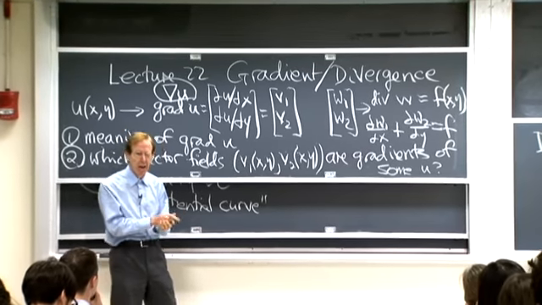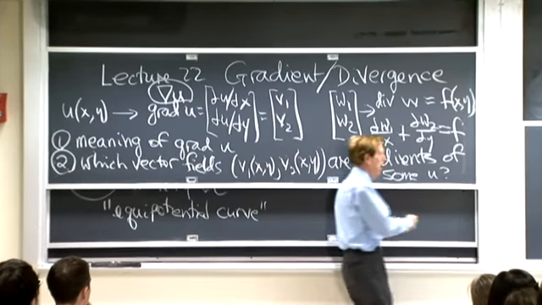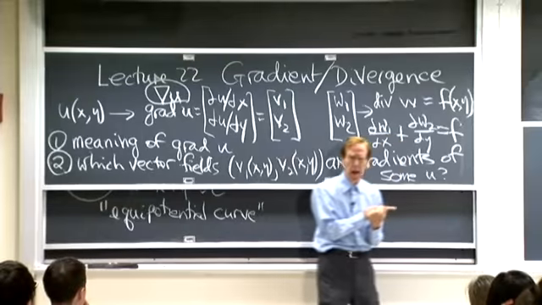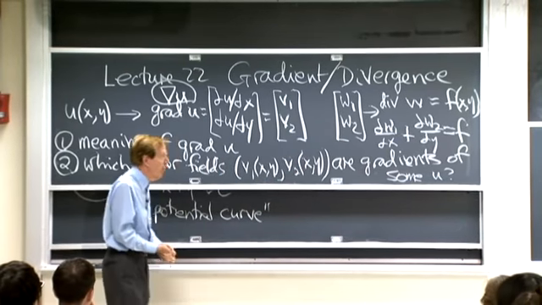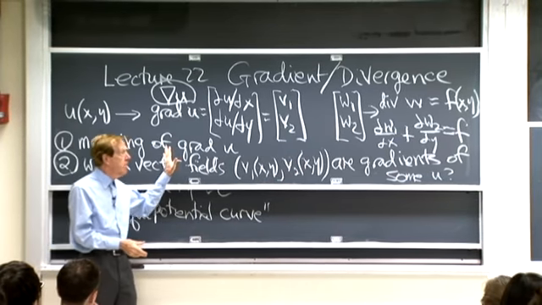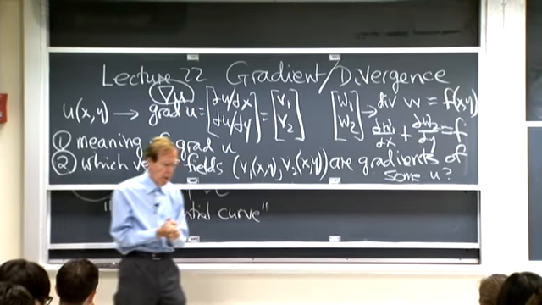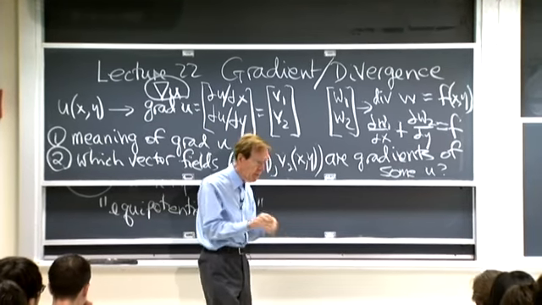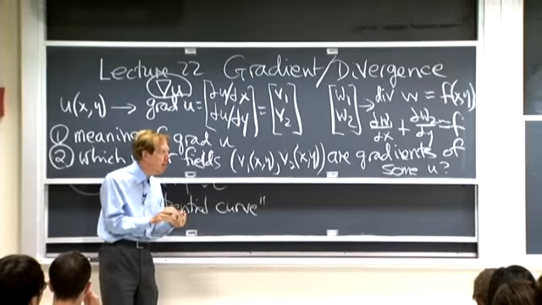And I guess if I could get a rotating blackboard right in the middle, I could do curl. That would be perfect. Okay, so some of this will not be new to you, but maybe some of the insights or the ways of looking at it could be new.